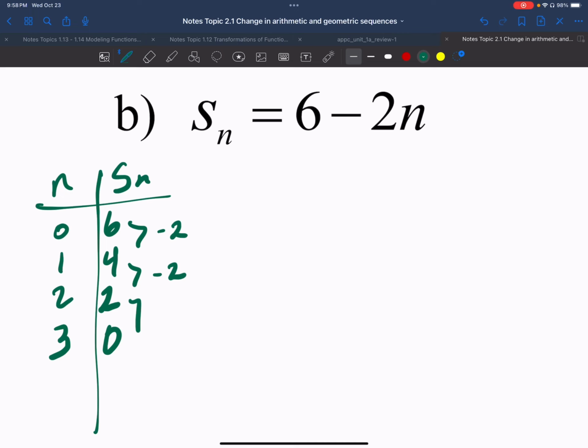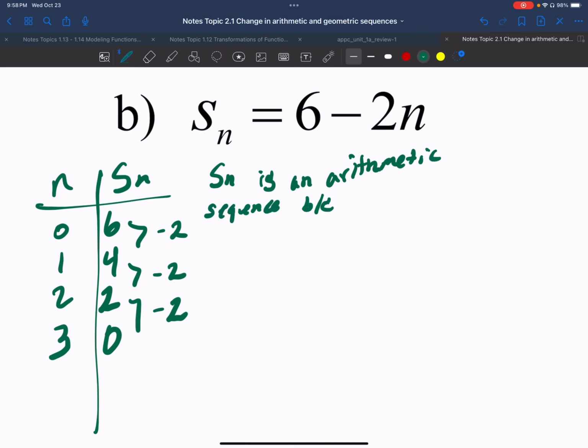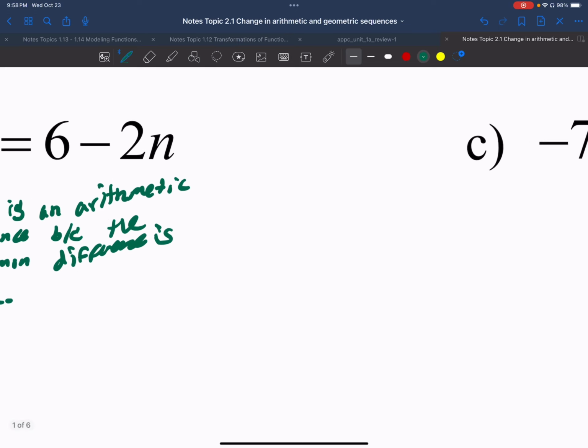And to go from 2 to 0, I need to subtract 2. So I know that S of n is an arithmetic sequence because the common difference is negative 2. And then I'm done with that one.